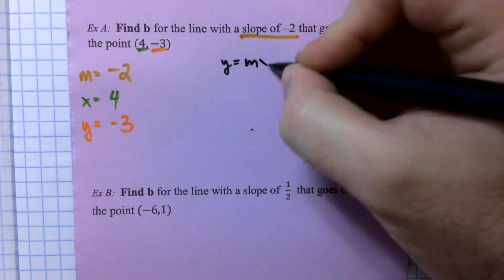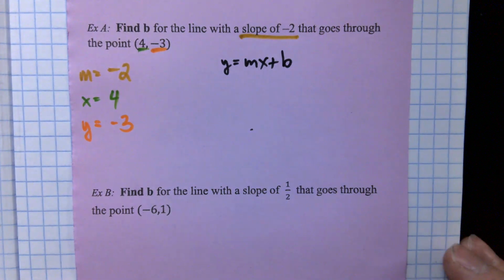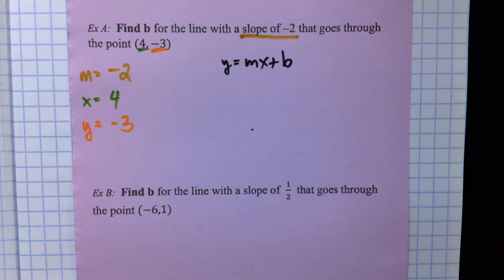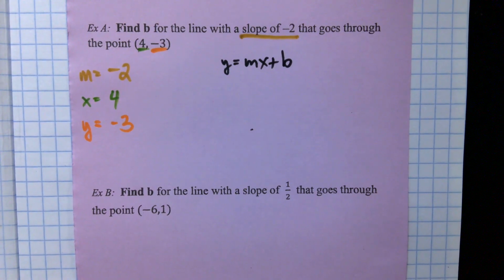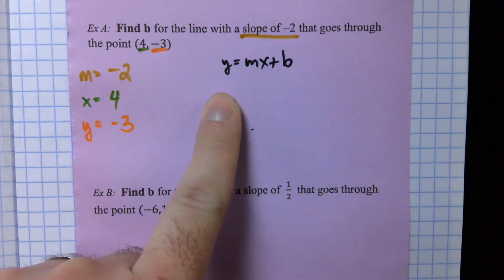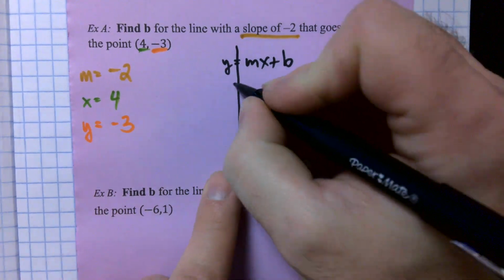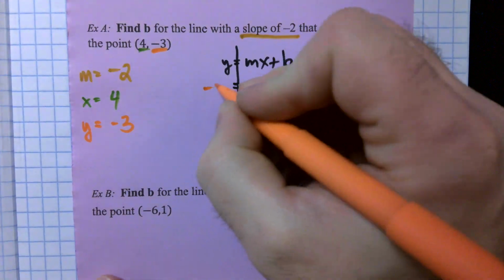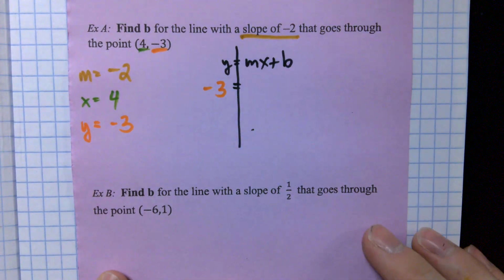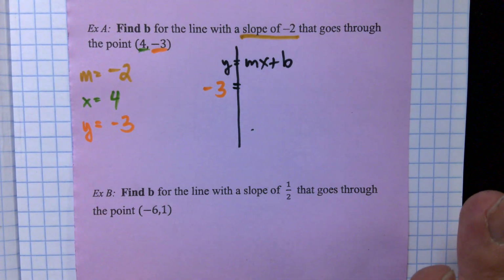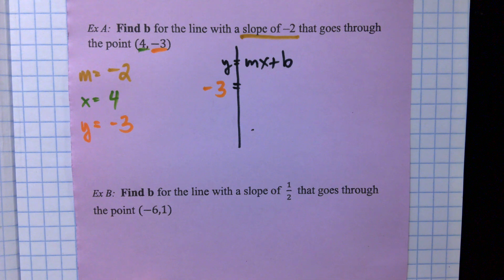I'm going to take Y equals mx plus b, and I'm going to substitute 3 of those letters out. What am I going to put in place of Y? Negative 3. Thank you, Amari. Am I going too fast? Okay. Silence means yes.